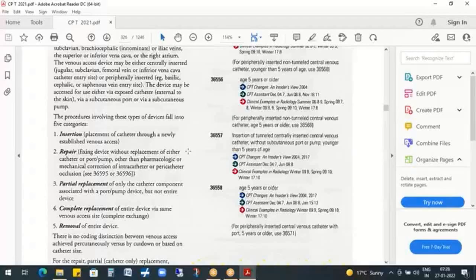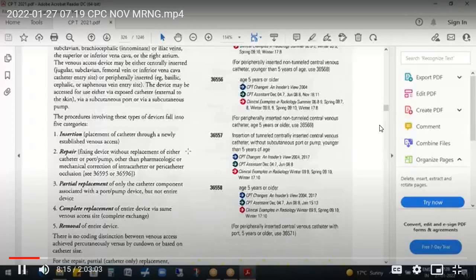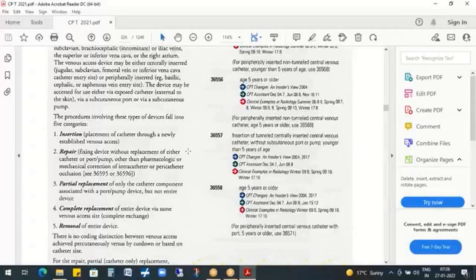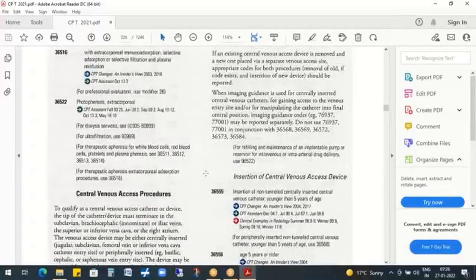How many procedures can be performed? These are 5. What are they? Insertion, repair, partial replacement, complete replacement, removal. Then radiological guidance.